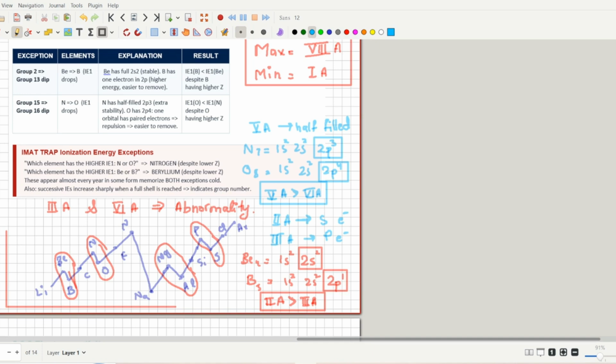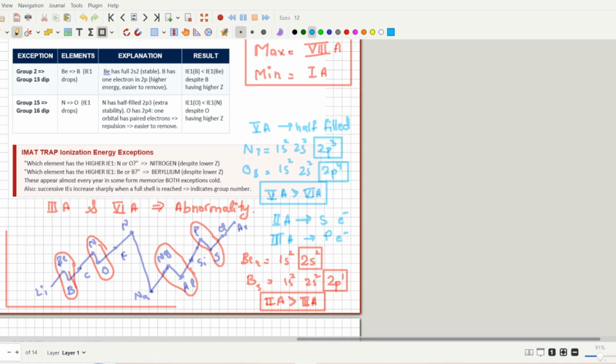Oxygen should have had more ionization energy than nitrogen, but it has lower ionization energy than nitrogen. You know the reason, because nitrogen has a half filled electronic configuration. And boron should have had more than beryllium, but it is less than beryllium. The reason is that beryllium has a duplet in its last subshell. It is more stable than boron. That's why beryllium has more ionization energy.